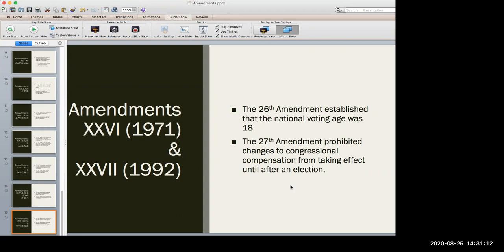All right, so I want to think about some math now, and this is where you guys come in. How many amendments do you think relate directly to voting? If you were going to make an argument that voting is the most important thing in our country.